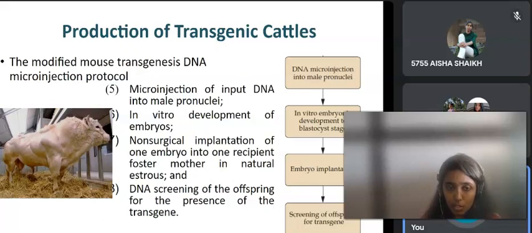What is estrus? Please write down the meaning. I will also type it in the chat box. Estrus is a stage of the menstrual cycle where you can implant the egg because the body is prepared, it has developed the endometrium and it is prepared to receive the egg for development. Okay, estrus is a stage in the menstrual cycle.